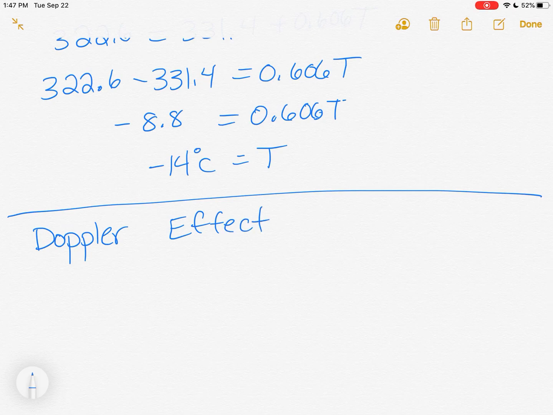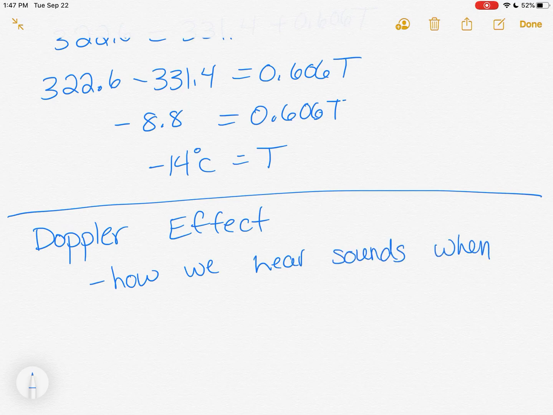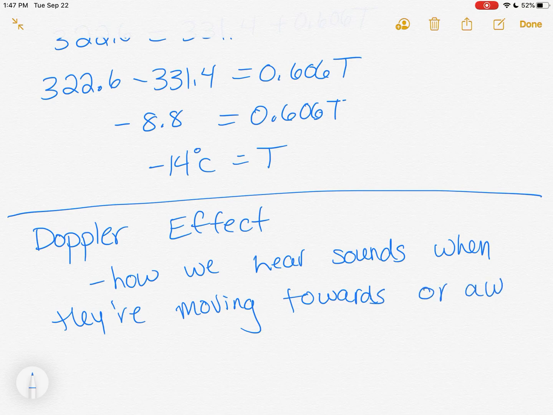And the Doppler effect is essentially how we hear sounds when they're moving either towards or away from us, or if we happen to be moving towards or away from a sound.